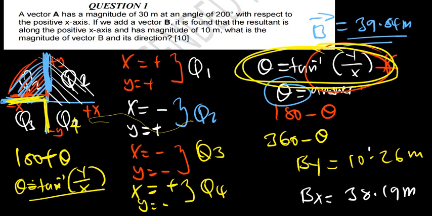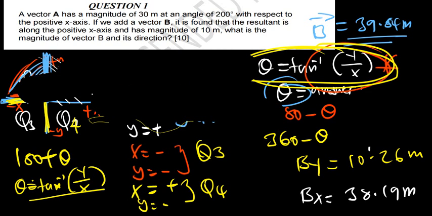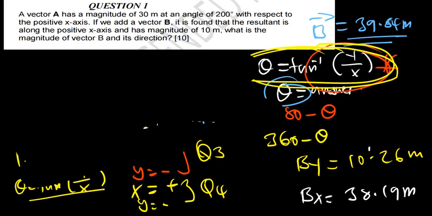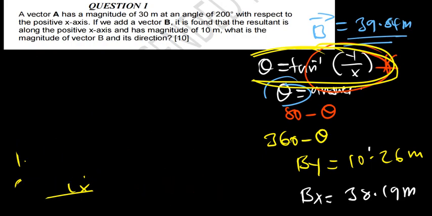Guys, under direction, any question, I believe you can solve. This is the only tricky part when it comes to direction under vectors. You need to know before you even solve. Now I can ask you the question. Here we are trying to find the direction of vector b.